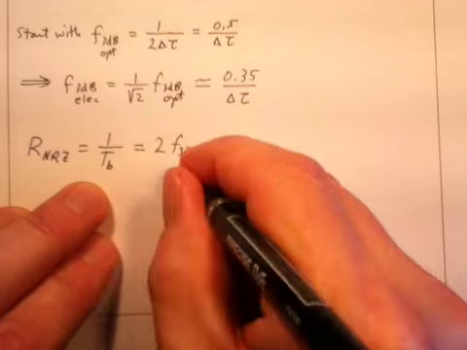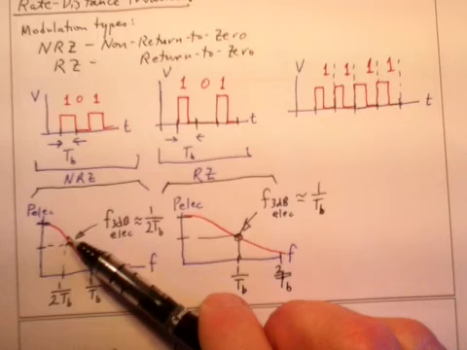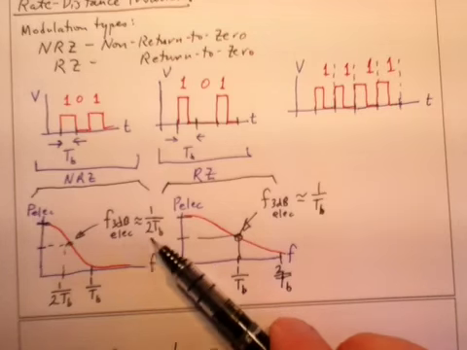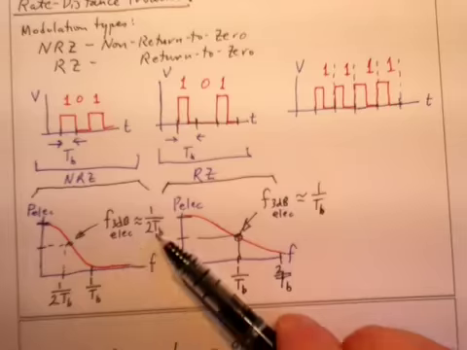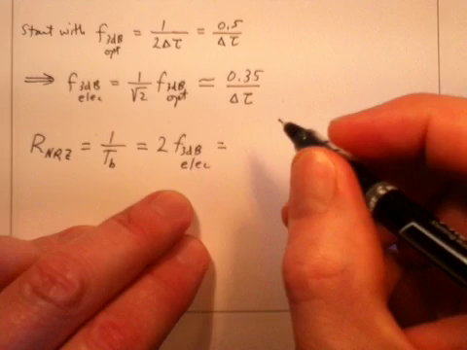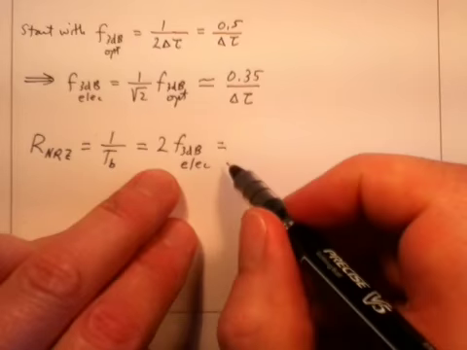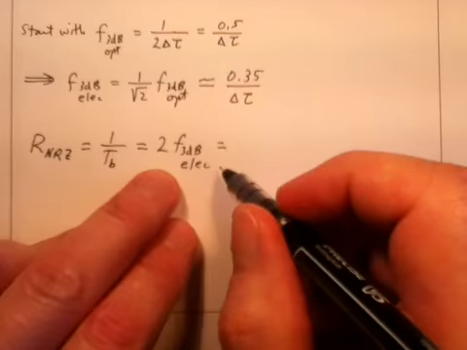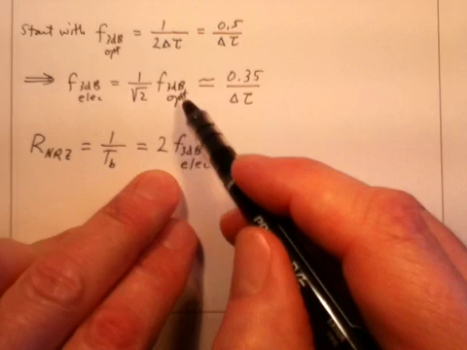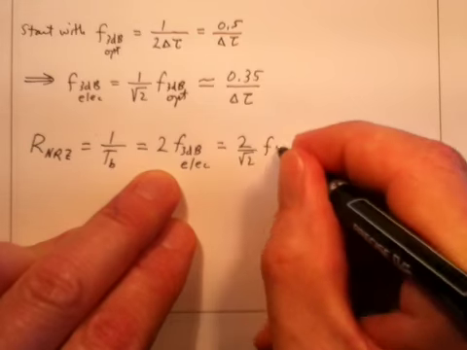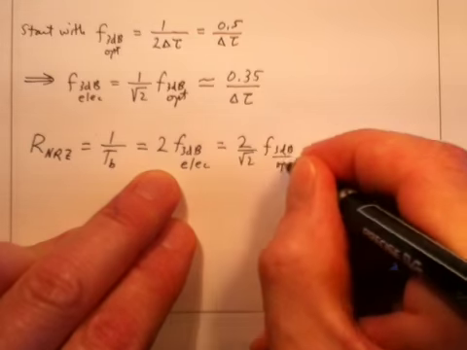That comes from this graph right here, showing that twice the 3 dB electrical bandwidth is 1 over the bit period. The 3 dB electrical bandwidth is the optical bandwidth divided by the square root of 2. So I have 2 over the square root of 2, F 3 dB optical.